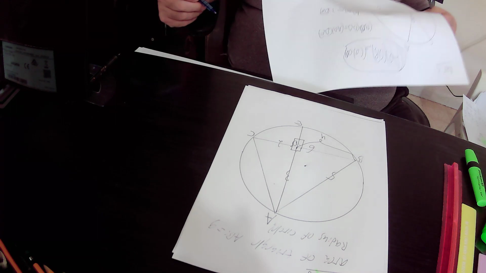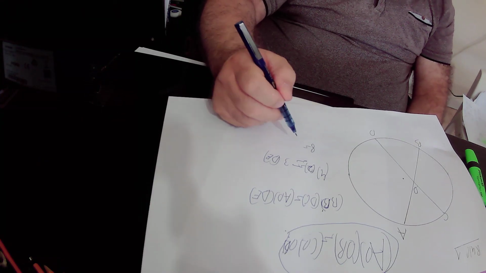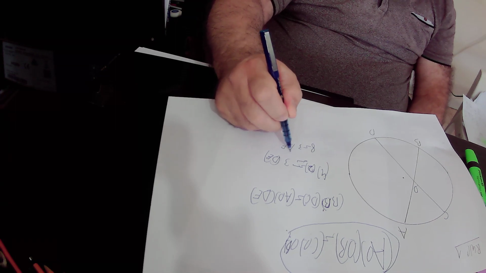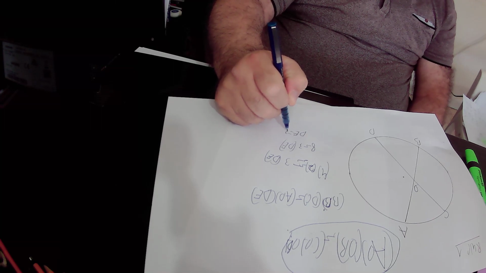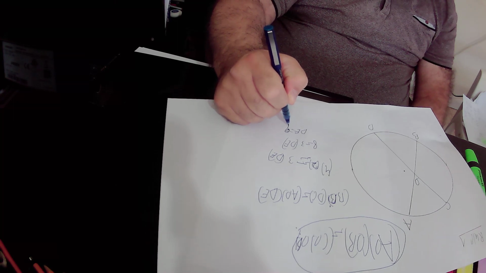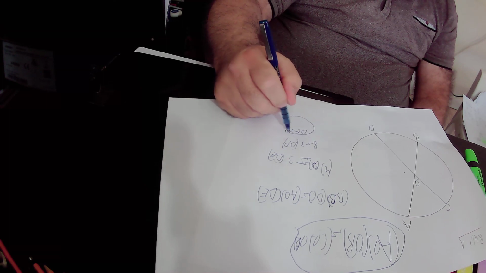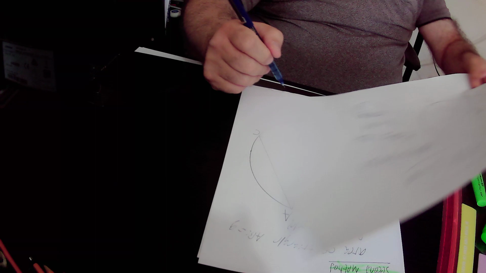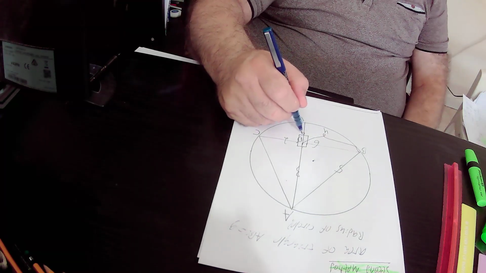So in conclusion, we found out that 4 times 2, that is 8, is equal to 3 times DE. Here we divide this equation by 3 and we get that DE equals 8 over 3. DE equals 8 over 3 units.